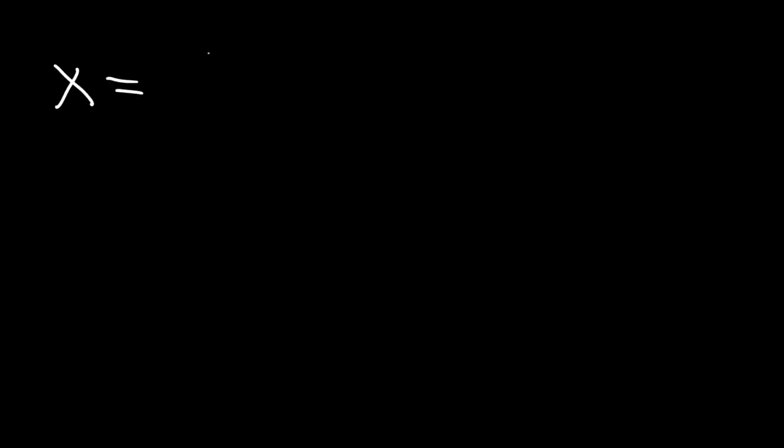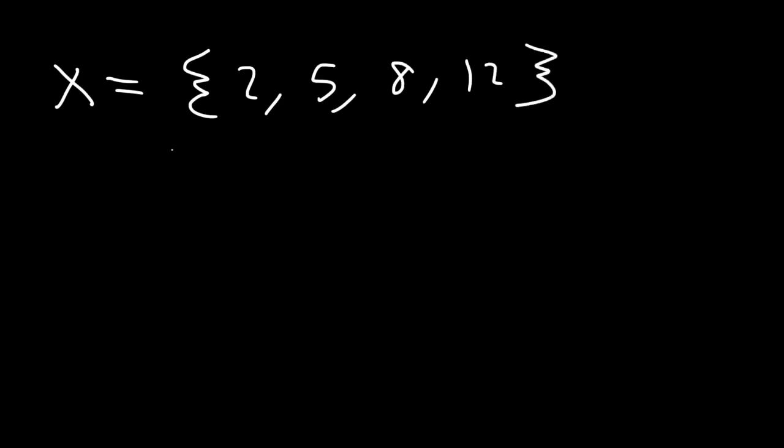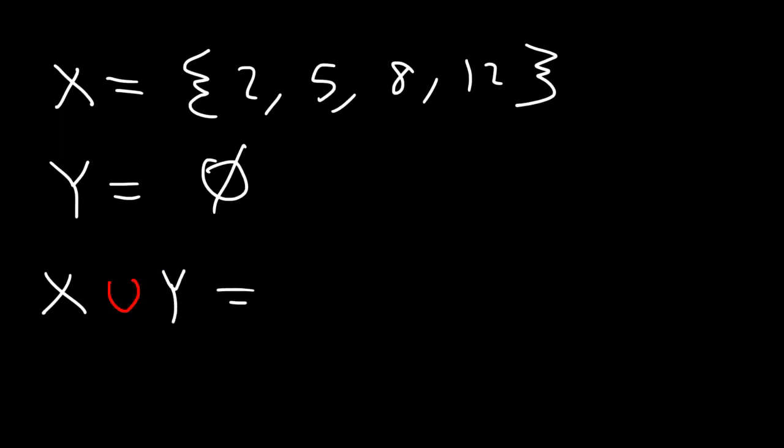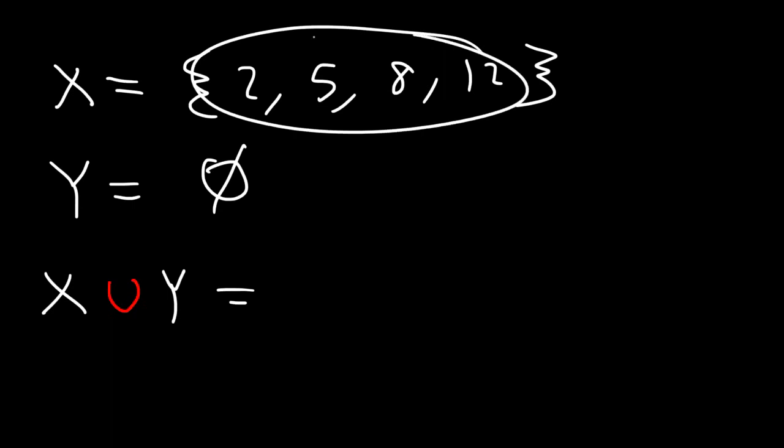Let's say that set X contains the numbers 2, 5, 8, 12. And set Y, let's say, is an empty set. What is the union of a set with numbers and an empty set? Well, the empty set is not going to add anything. It's like saying 15 plus 0, that's going to be 15.